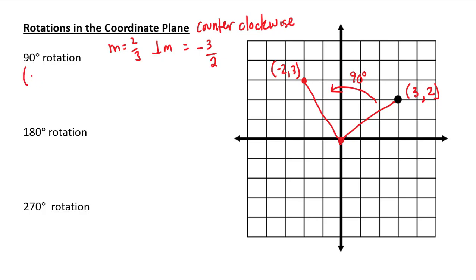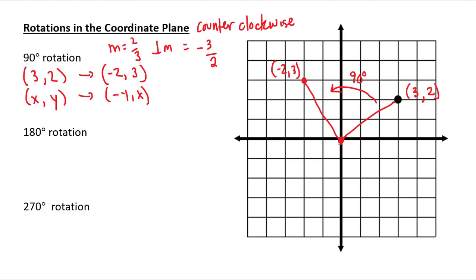So a 90-degree rotation of 3, 2 about the origin moved to -2, 3. So an x, y point changed to a -y, x.